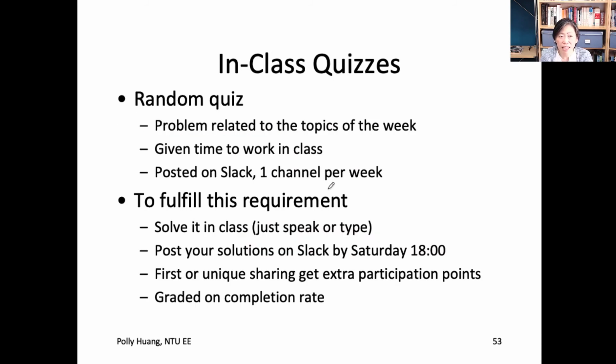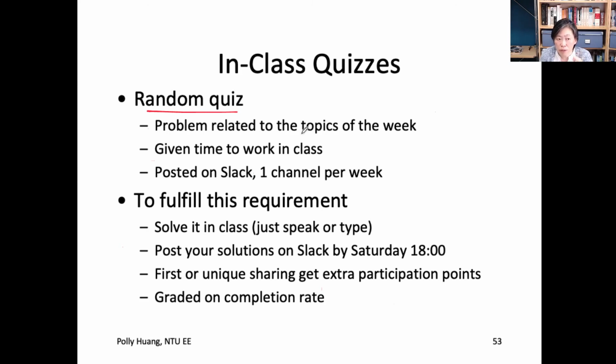And then the in-class quizzes. There'll be random quizzes. These are problems that Poly has created, so that it's a little bit more fun and interesting, to avoid you being distracted by other, more interesting things happening around you.